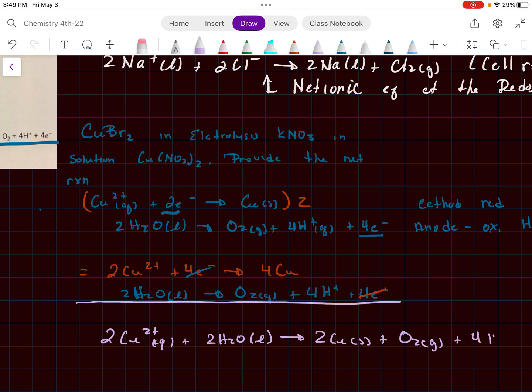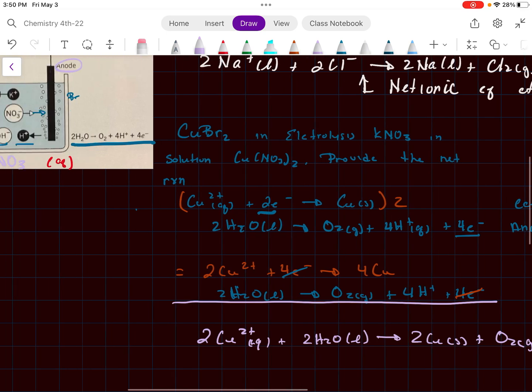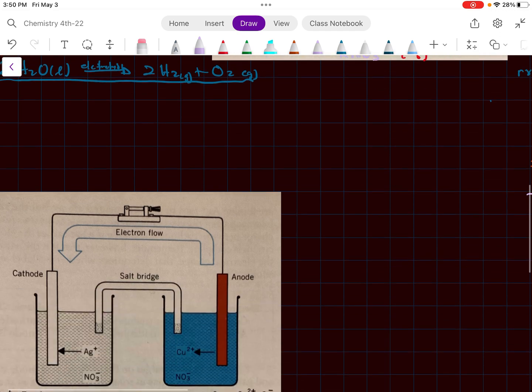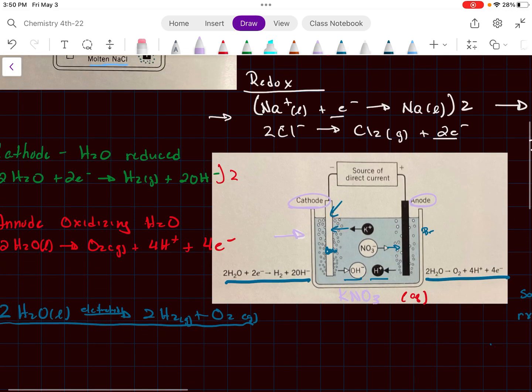Plus 4H plus. So these would be the products formed in a voltaic cell that has an aqueous solution, and we're using copper bromide. The process is exactly the same. The only difference is now that we have to use that water.